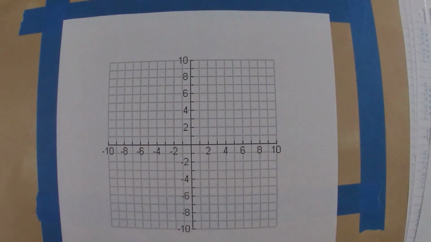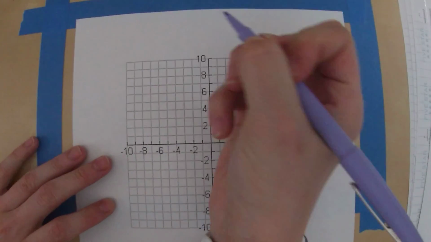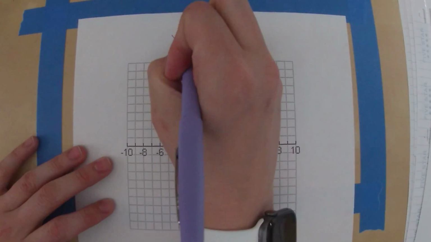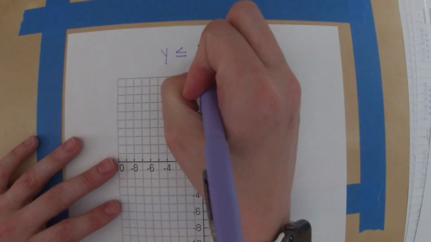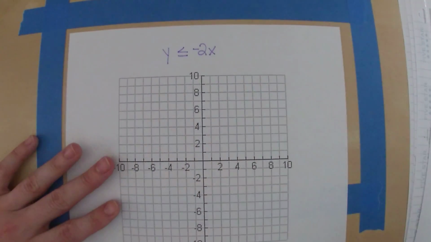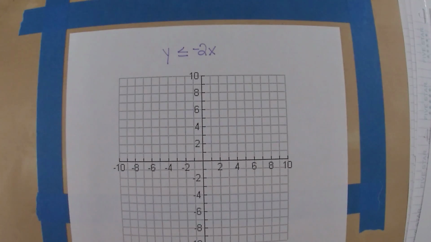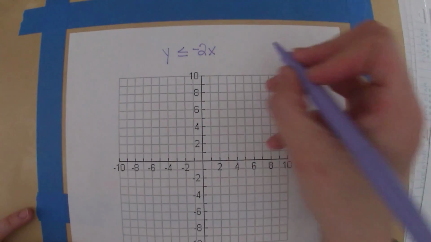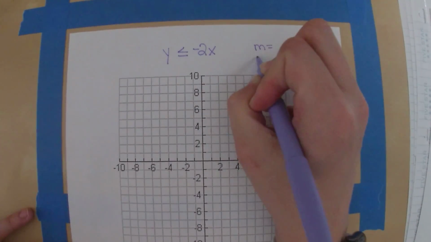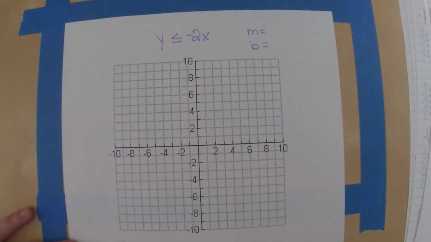So let's get another one. How about if we have y is less than or equal to negative 2x. So again, first thing we're going to do is we're going to find m and we are going to find b.